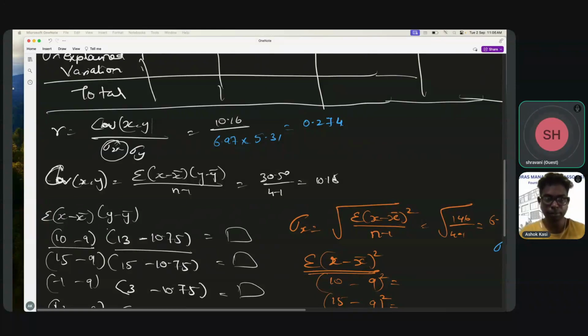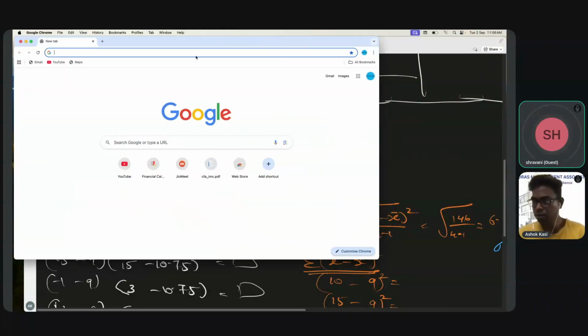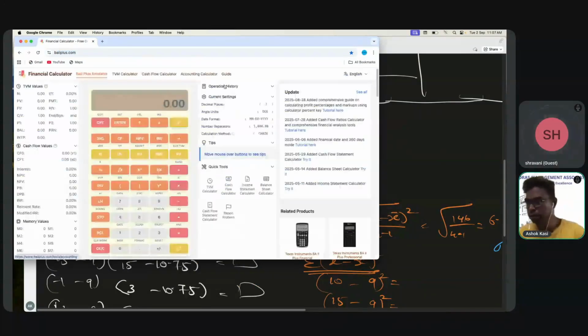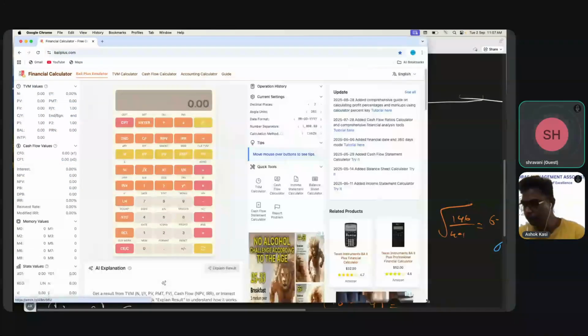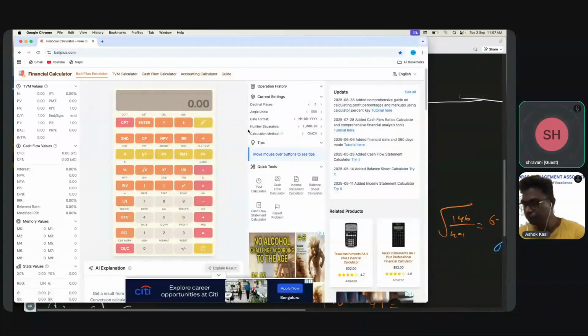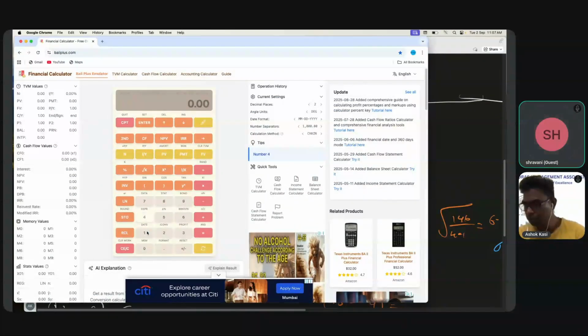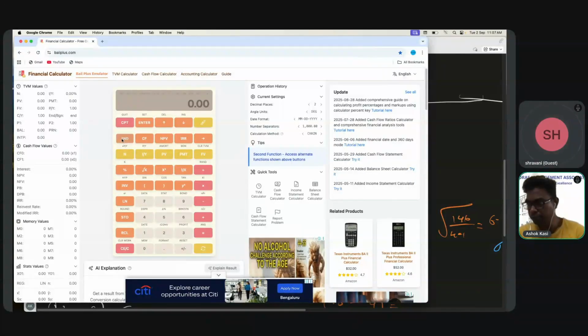See, in your calculator, BA2 plus, here you want to activate the data function. So second 7, when you do this upper part, data will get activated.